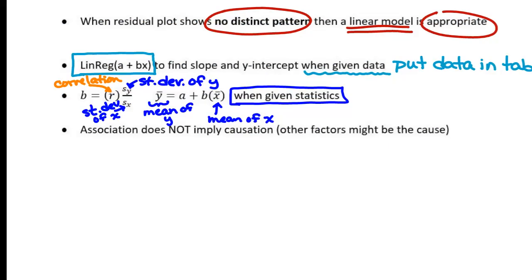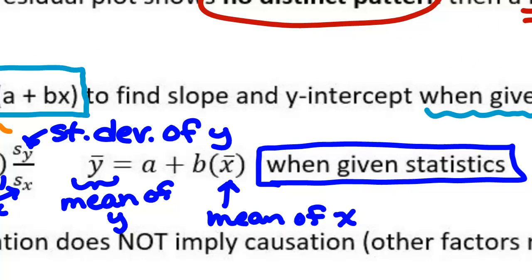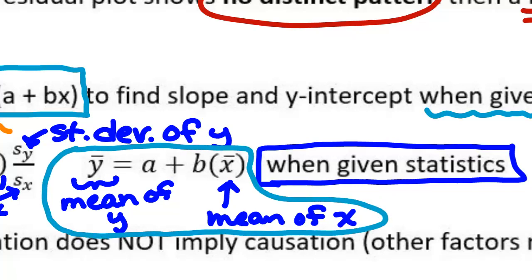That will allow us to find the slope. So again, we use this to find slope and y-intercept.